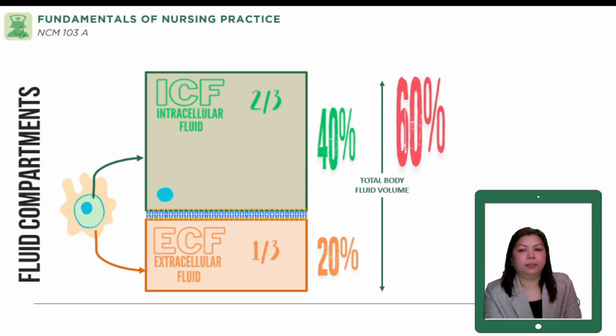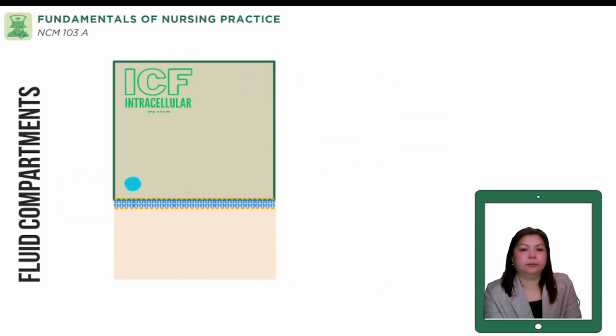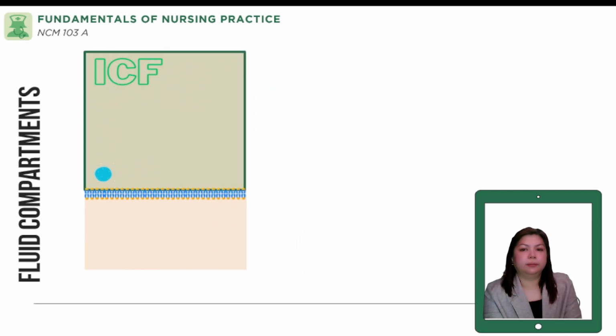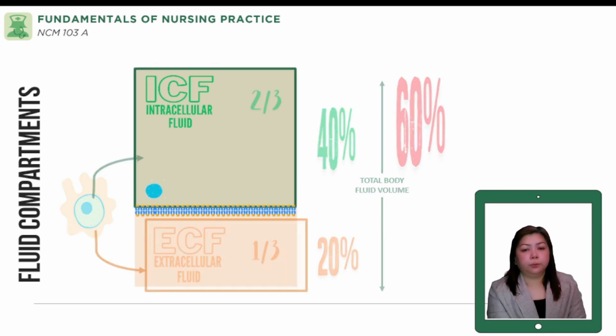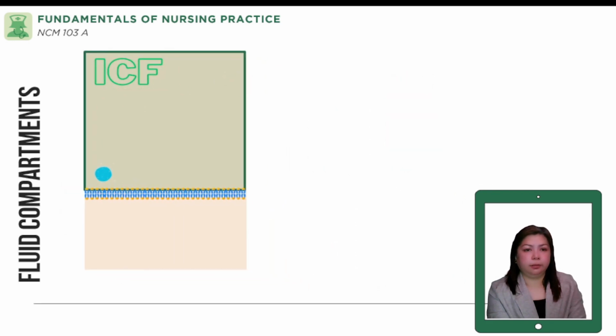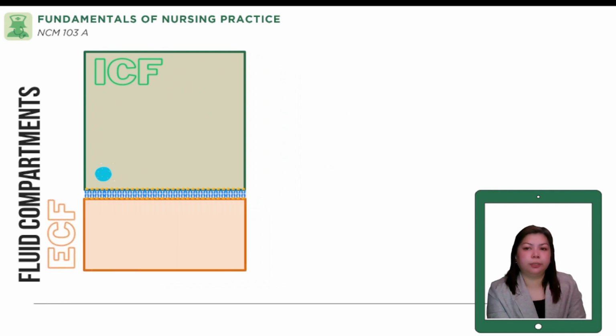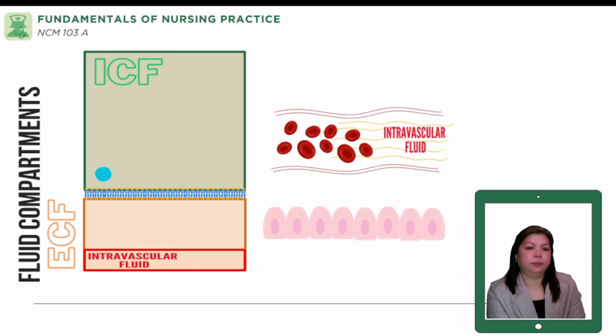So the ECF, or the extracellular fluid compartment, is further divided into fluid inside of the vessel, or what we call the intravascular fluid. This is sometimes called your plasma.